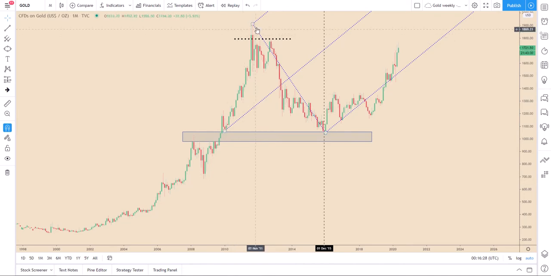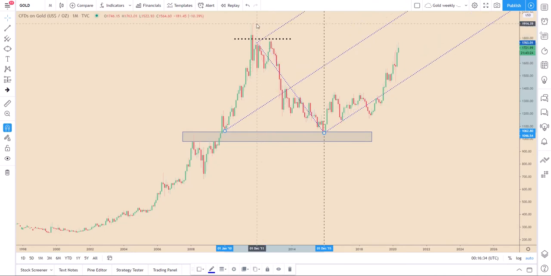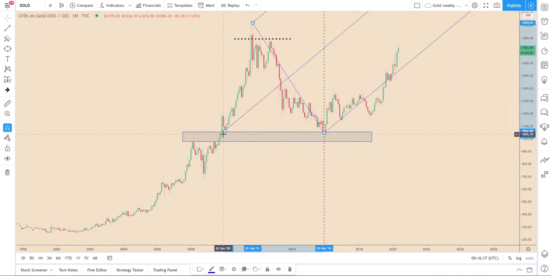There we go. And let me get on those pivot points. And so we're drawing our Andrews pitchfork on three major price pivot points. And so that's what we've got right there.